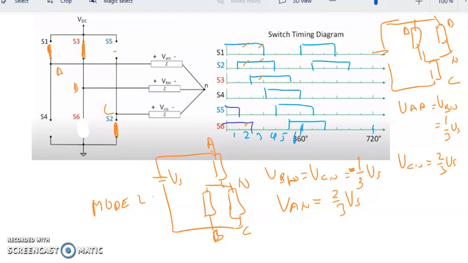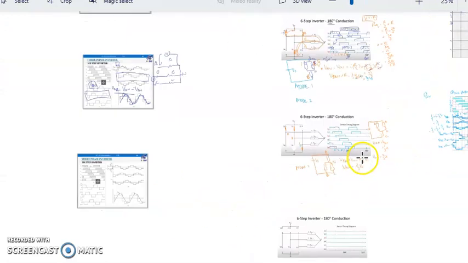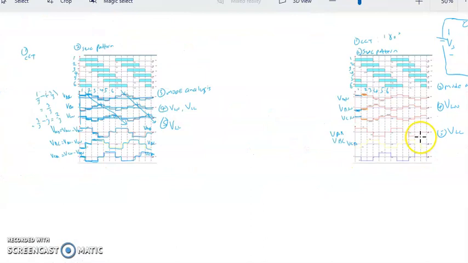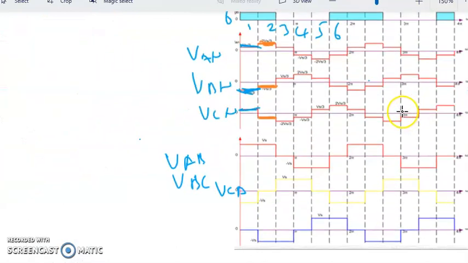So we go back to the chart. So VAN and VBN sharing the same voltage level. Meanwhile, the VCN is negative 2/3 of the level.